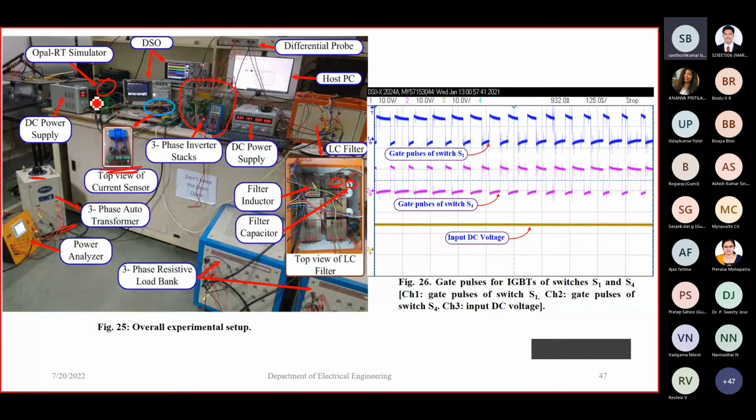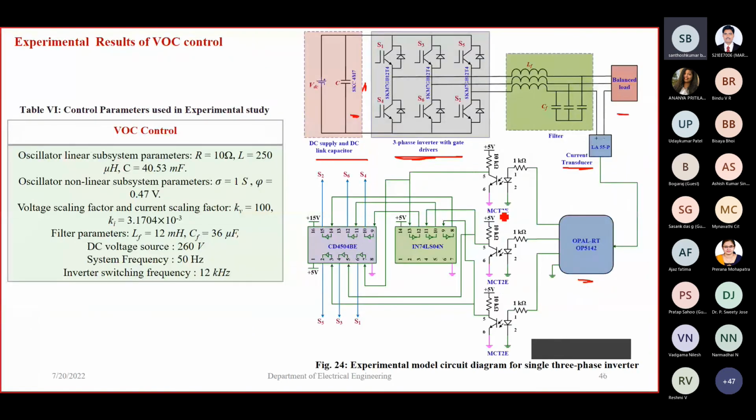From the OPAL-RT I get the control signal. After that, I am using some opto-isolators to isolate the system from the OPAL-RT. Here I am using a NOT gate. I'm getting three signals: 1, 2, 3.